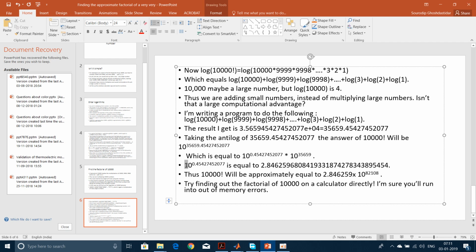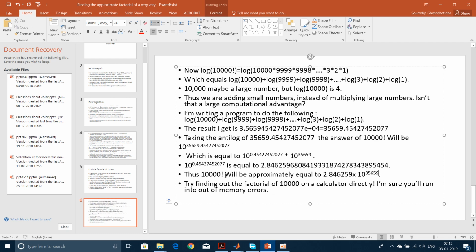So this number is equal to a very large number. So 10,000 factorial would be approximately equal to, sorry, I'm really sorry. This is 35659.